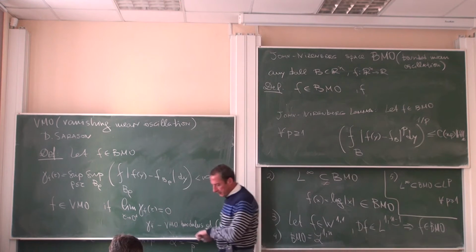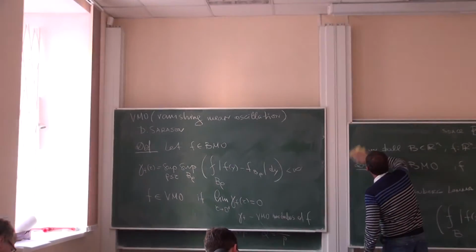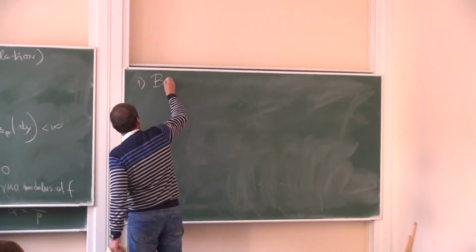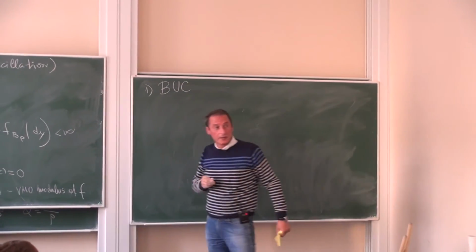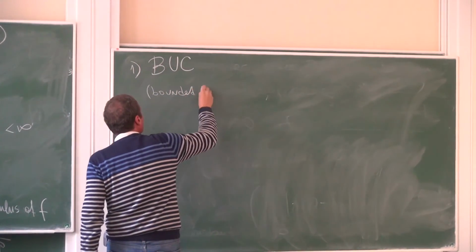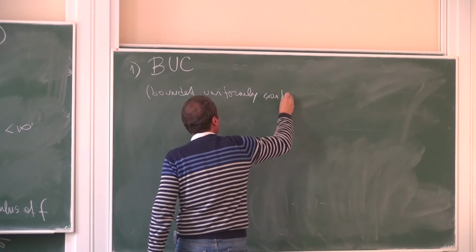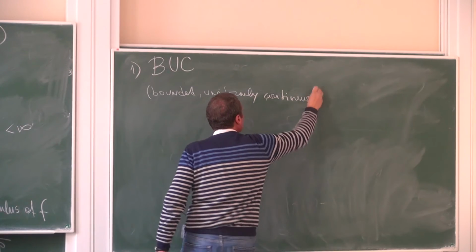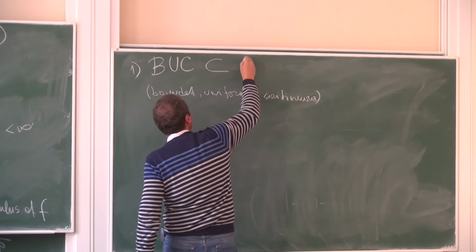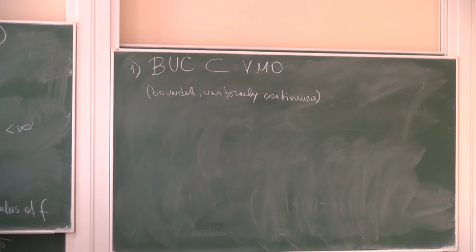And the first obvious property is that the space of bounded uniformly continuous functions is contained in VMO. In fact, in this case, it is sufficient.